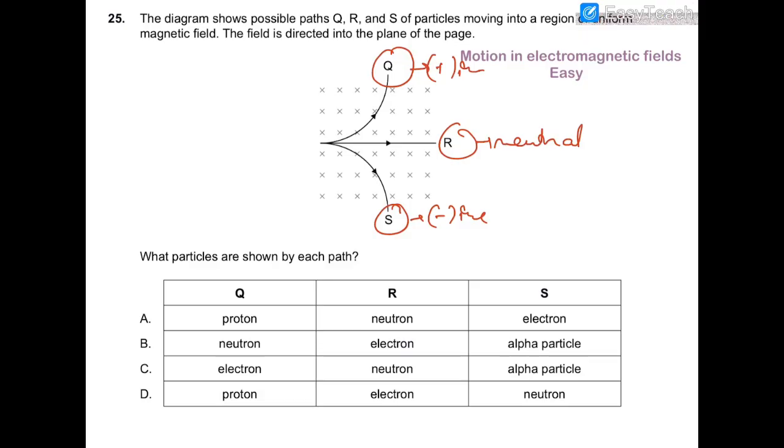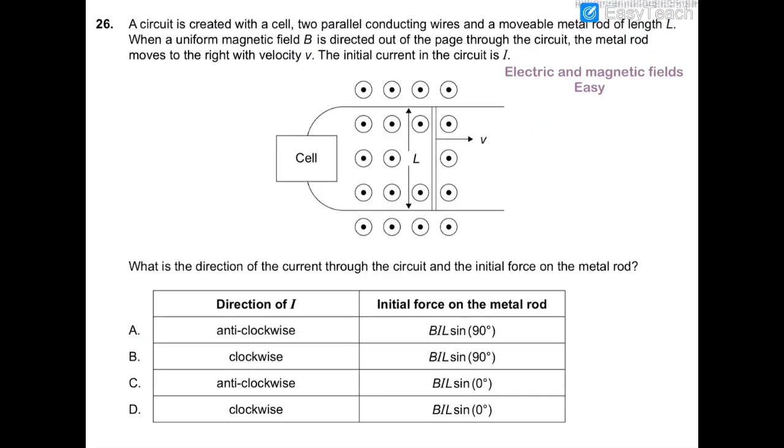So R will be neutral, Q will be positive, S will be negative. So Q will be proton, R will be neutron, and S will be electron. So the correct answer will be A. Now let us move on to the next question.